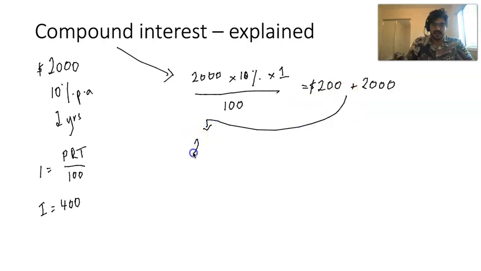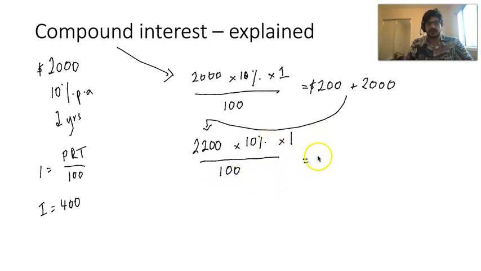Okay? So for the second year, it's $2,200 times 10% times that year that it's going to be in the account for, divided by 100. And that will get you your brand new interest amount in the account, which is going to be $220.